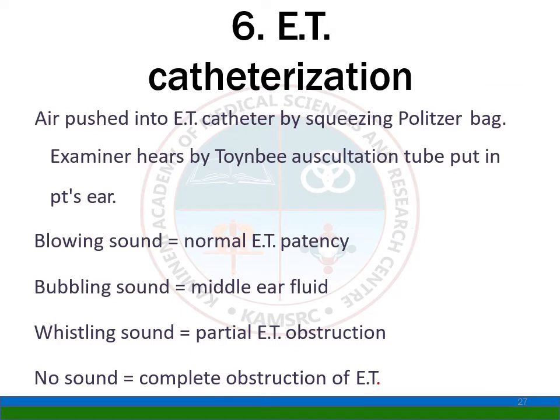In eustachian tube catheterization, air is pushed into the catheter by squeezing the Politzer bag and examined by auscultation tube. A blowing sound is normal, a bubbling sound means fluid, a whistling sound means partial eustachian block, and no sound means there is an obstruction.